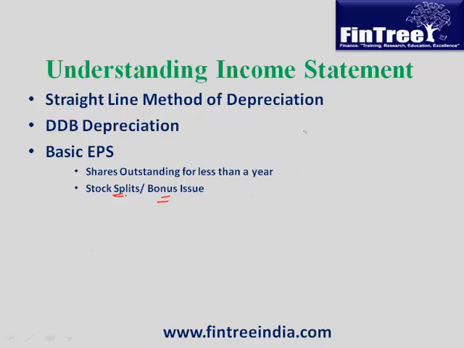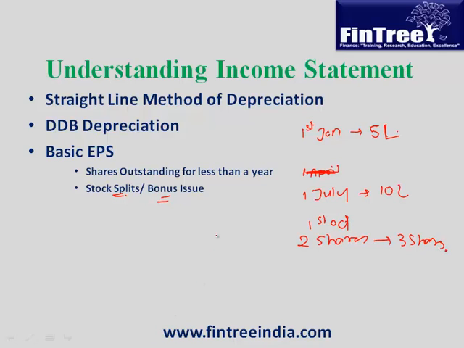For example, on 1st of January, we have 5 lakh shares outstanding. On 1st of July, we've issued additional 10 lakhs. On 1st of October, we've given a bonus share. 2 shares are given bonus for every 3 shares.